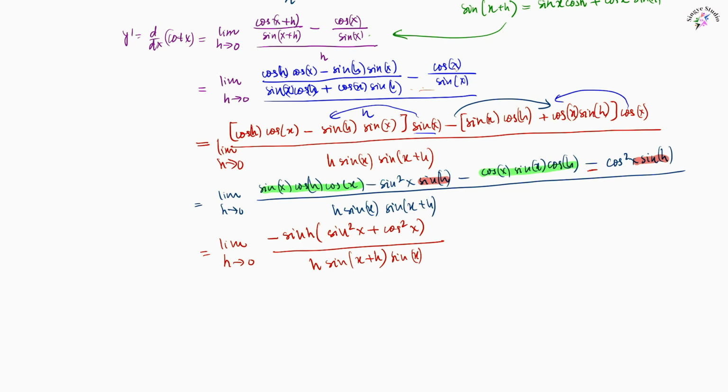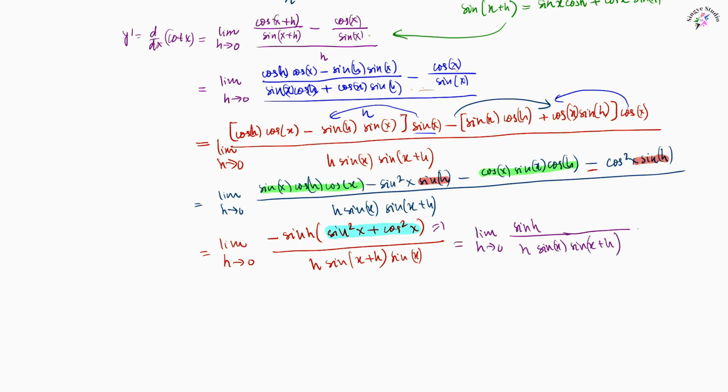Okay, now here we have obtained this nice relation, that this whole term is just equal to 1 from the Pythagorean identity. Now it will be the limit as h tends to 0 of sin h upon h times 1 upon sin x plus h only here.